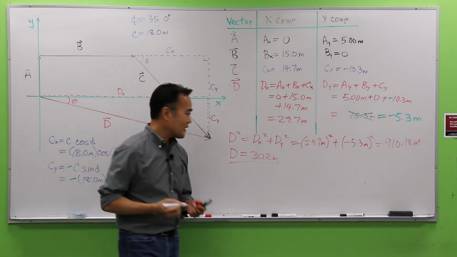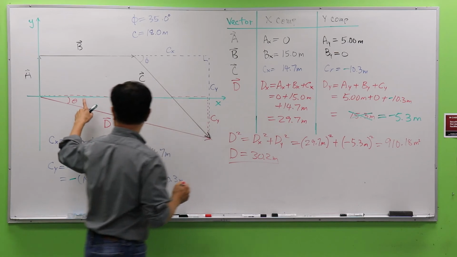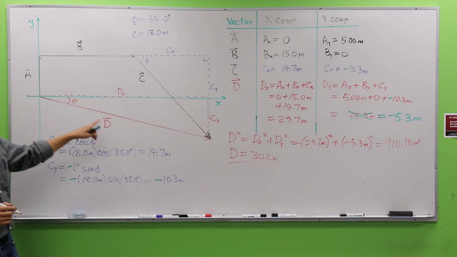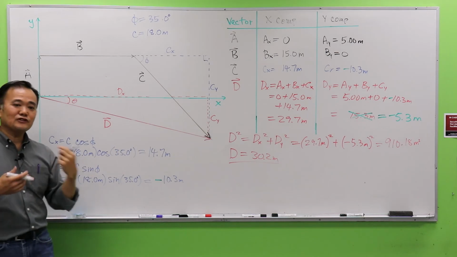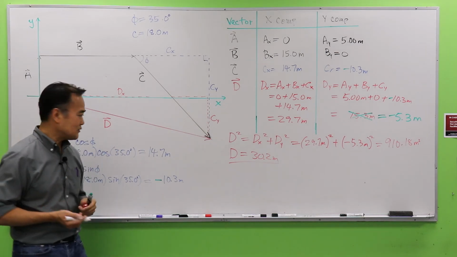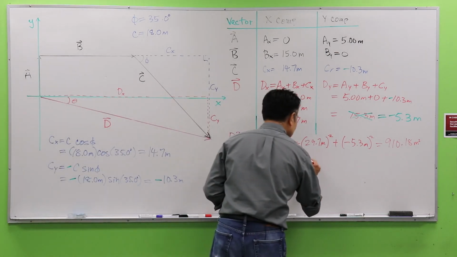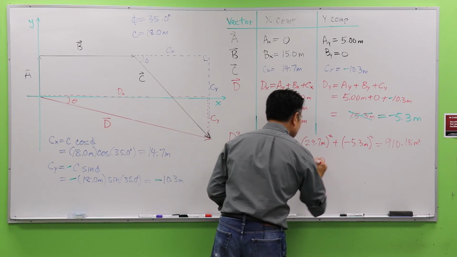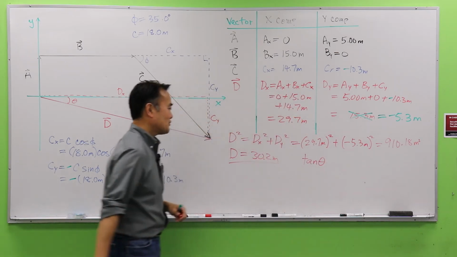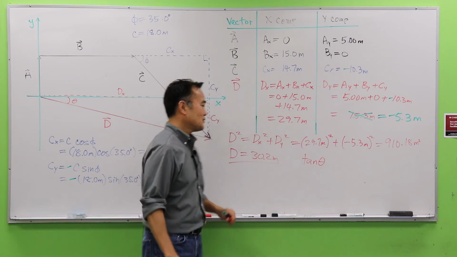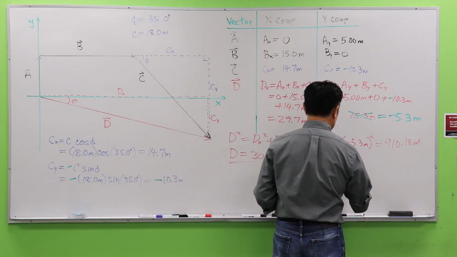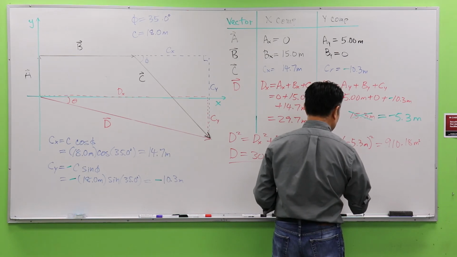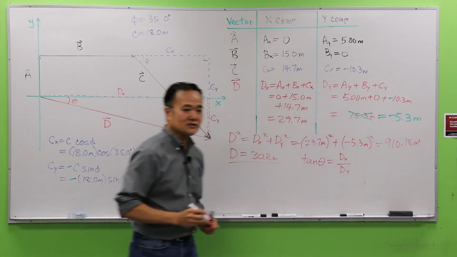Okay. Now we have to find the angle here, and now we know x component, y component, we know the hypotenuse, so we can use sine, cosine, tangent, anything you like. I'm going to use the tangent because it doesn't depend on this number being correct, just in case I made some blunder. Okay. Because all you have to do is you have to know the opposite and the adjacent sides.